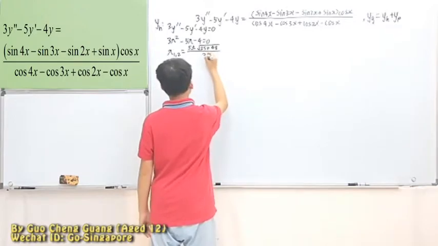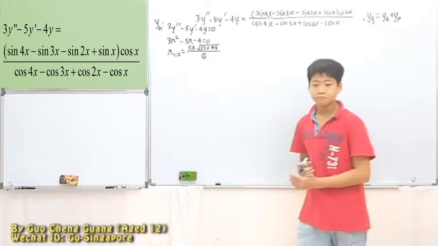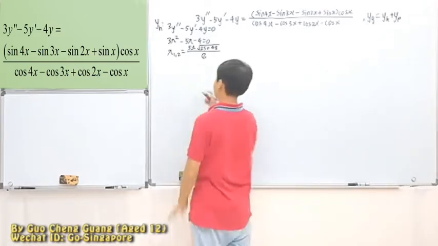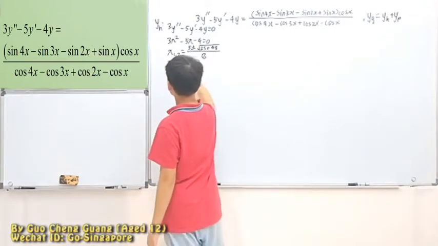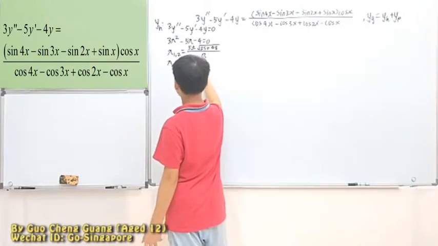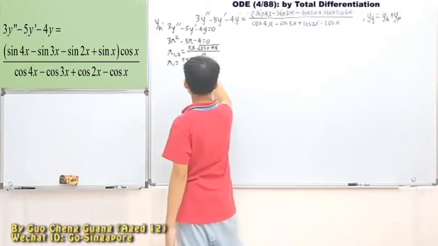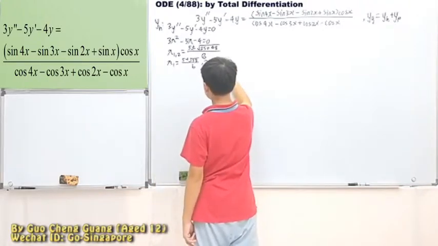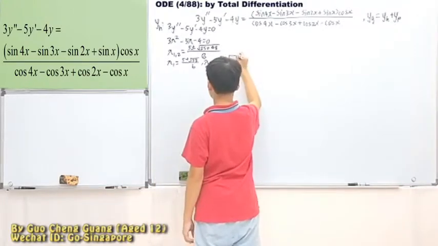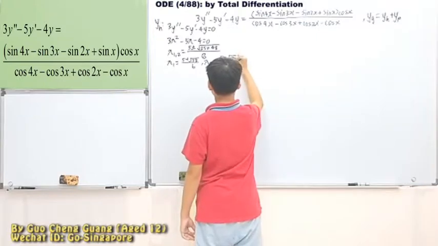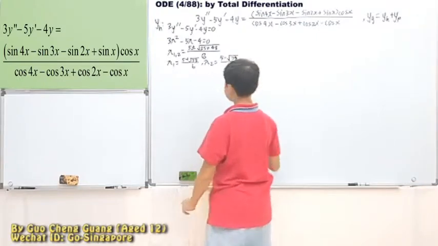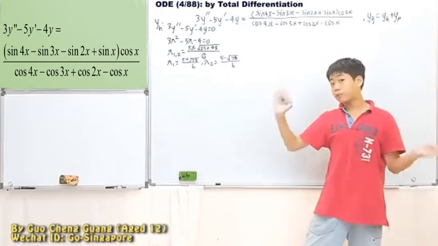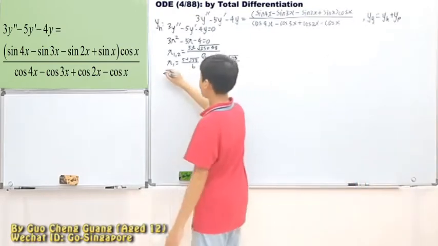This will be over 6. Now these are your 2 roots. Lambda 1, you can say that it is plus, and inside here, 73. Then lambda 2, you can say that it is the minus. This is what you get. Next part, just find yh.